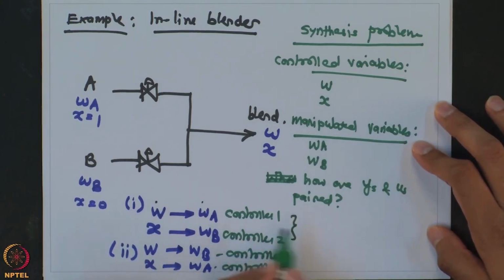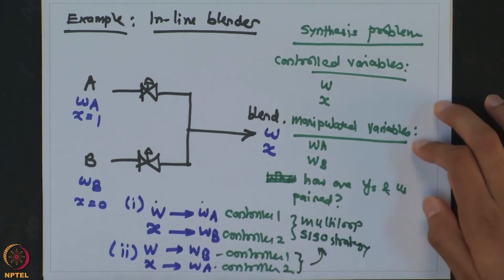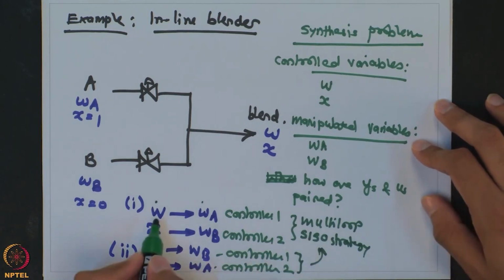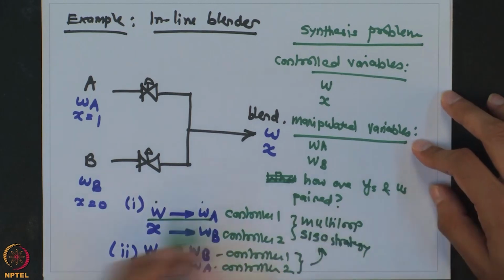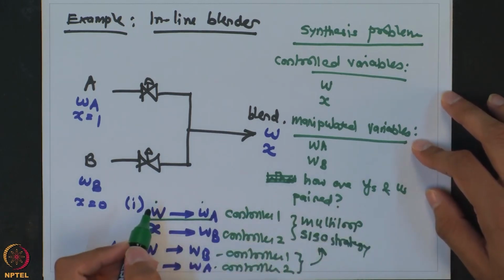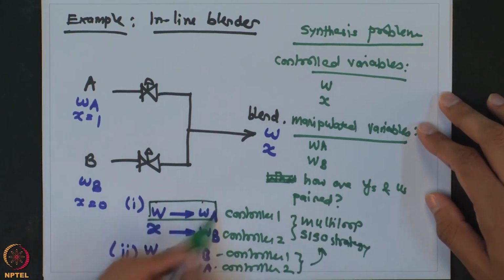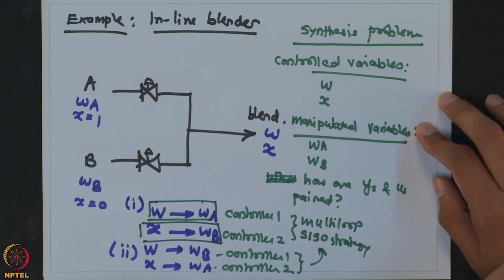So all these are known as multi-loop single input single output strategy. Each of these individually would be similar to what we have studied so far. All we have studied was a single input single output type of controller, so this will be one such controller, this will be another such controller.